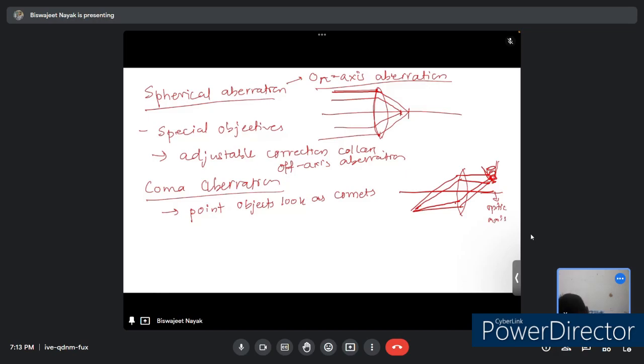This happens because the light is falling obliquely. When the rays pass through the edges of the lenses, they are focused far away from the optical axis, and those passing closer to the optical axis pass through the center of the lenses, and this helps in making this comet-like shape.